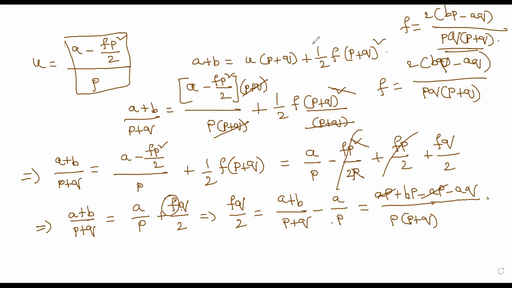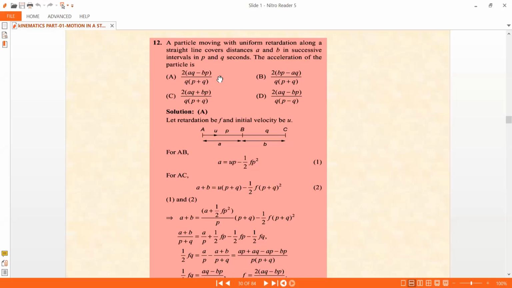So let's check the answer, how it has turned up, whether we have got the negative sign or the positive sign. Let's check it. aq minus bp, we got the negative of that, which shows that this is the value of retardation.